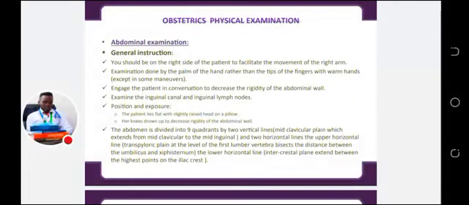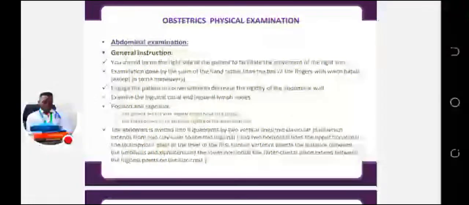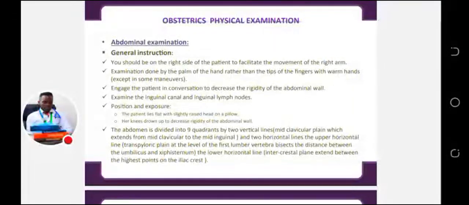So the abdomen is divided into nine regions. We have the two midclavicular lines, extending from the midclavicular point to the mid-inguinal point. The upper horizontal line is the transpyloric plane at the level of the first lumbar vertebra, which bisects the distance between the umbilicus and the xiphisternum.